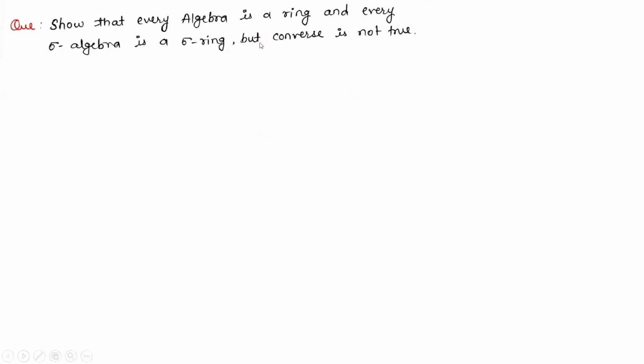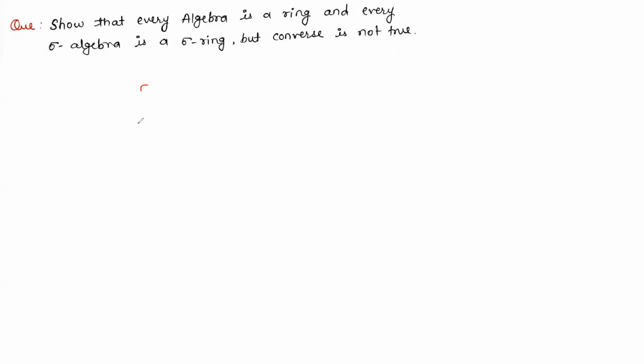Now, next is a question. It says that we have to show that every algebra is a ring, and every sigma algebra is a sigma ring. But the converse of this statement is not true. As we have seen the definition of algebra, similarly we will again discuss here the definition of sigma algebra.